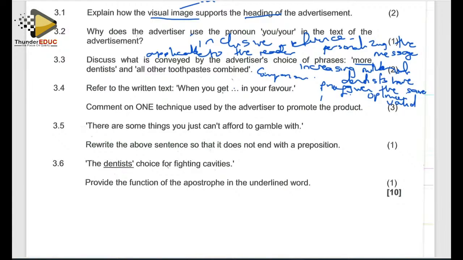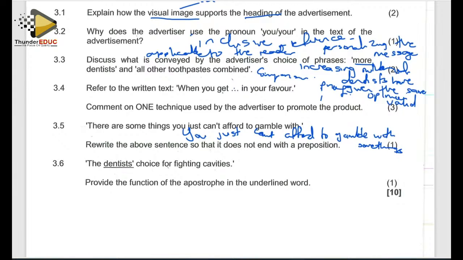Okay, let's begin with our pronoun you. You just can't afford to gamble with some things. Is that correct?